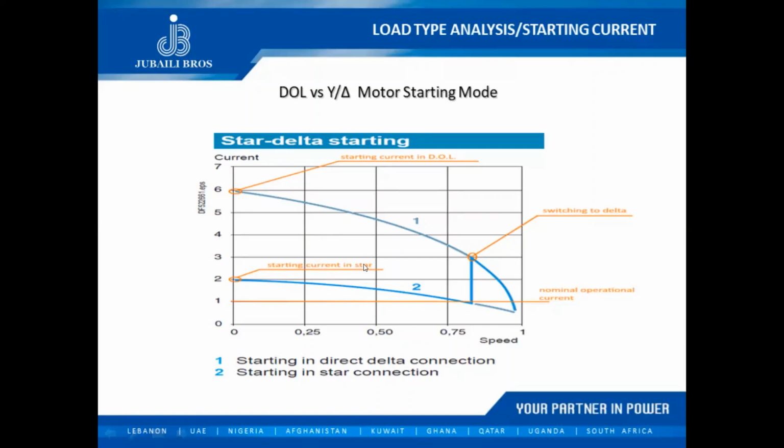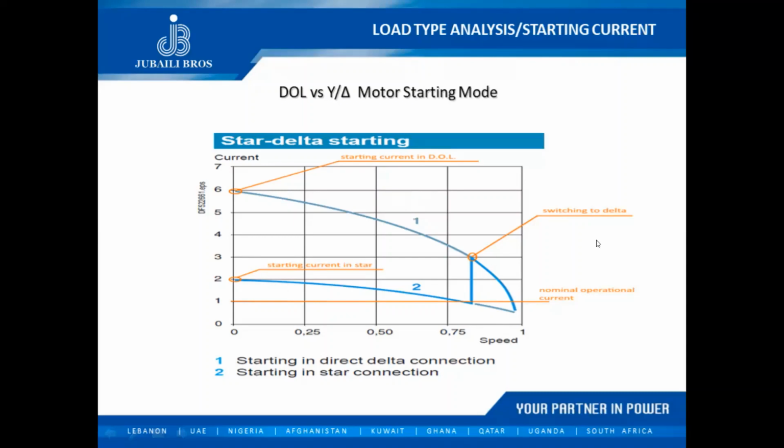So again, the same motor which draws 5 amps while it's running, equipped with a star delta or a Y delta starter, will have a starting current of 2.5 to maximum 3 times that. Okay, so this graph shows you basically the difference between DOL. This is DOL. Okay, my starting current is 6 here. If I'm using a star delta or a Y delta starter to run the same motor, my starting current would drop down to 2. Okay, so you see there's a big difference there.